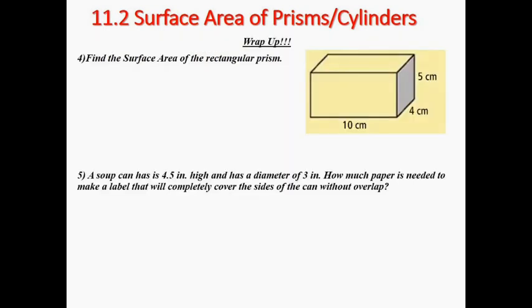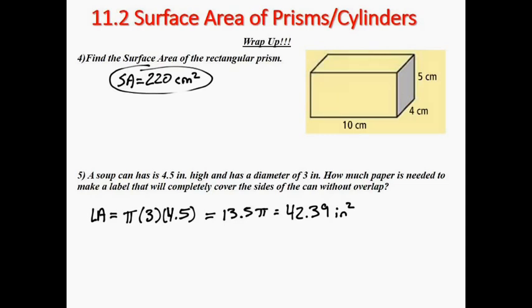Go ahead and complete the wrap-up portion on your own, pause the video, and then check your answers when you're done. For the wrap-up, question 4, you should have come up with a surface area of 220 centimeters squared. When doing this problem, you had two approaches. If you use the bottom 10 by 4 rectangle as your base, your lateral area would have been 140 centimeters squared.